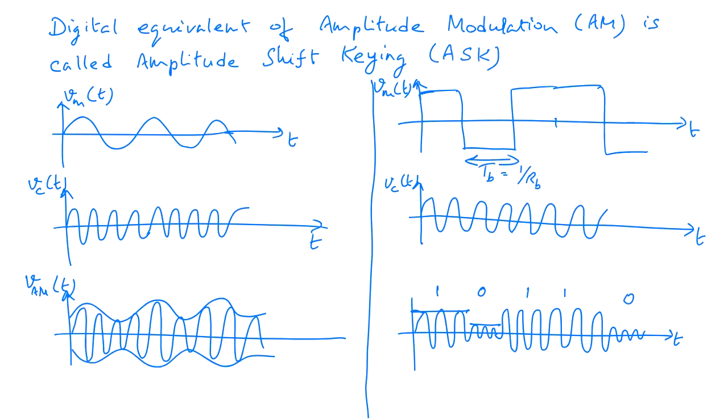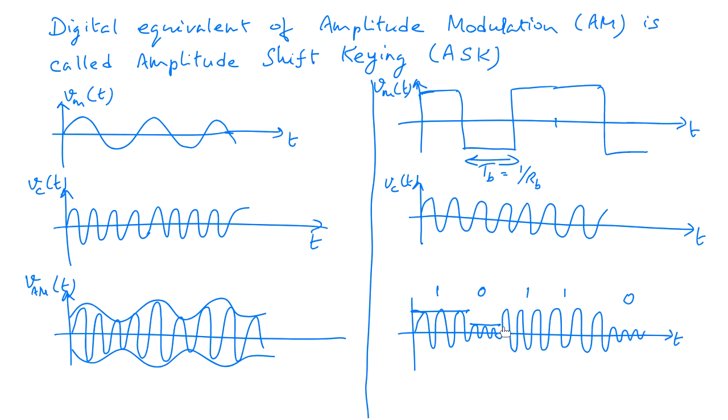So the digital equivalent of amplitude modulation is amplitude shift keying, where we have the symbols represented by different amplitude levels of the carrier signal. The carrier is a high frequency sinusoidal signal, and its amplitude is changed according to the information signal.